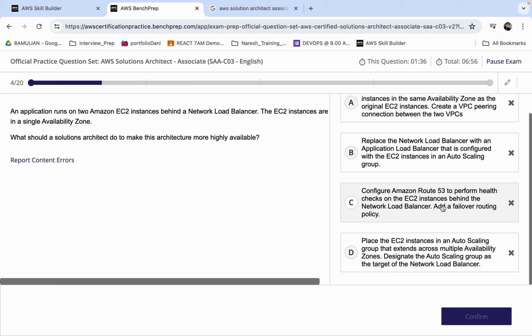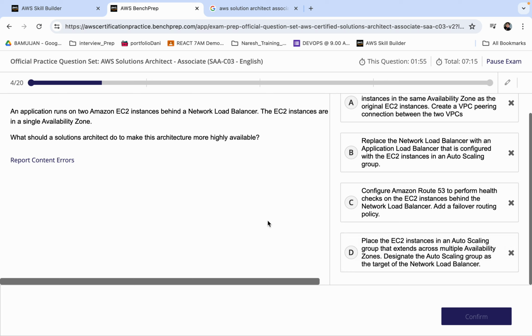Or configure Amazon Route 53 to perform health checks on the EC2 instances behind the NLB and a failover routing policy. Or place the EC2 instances in an Auto Scaling group that extends across multiple Availability Zones, and designate the Auto Scaling group as the target.